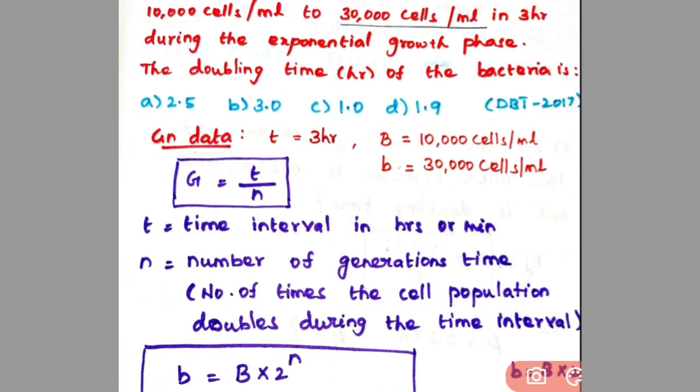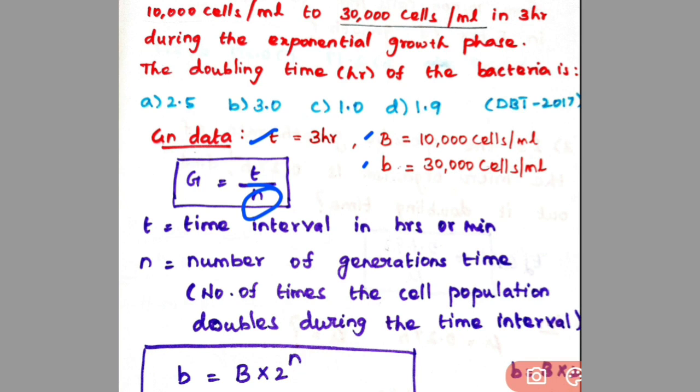So the formula to calculate doubling time is G is equal to T divided by N. Here T is nothing but time interval in hours or minutes and N is number of generations, defined as the number of times the cell population doubles during the time interval. In the given data they have given time, capital B and small b.